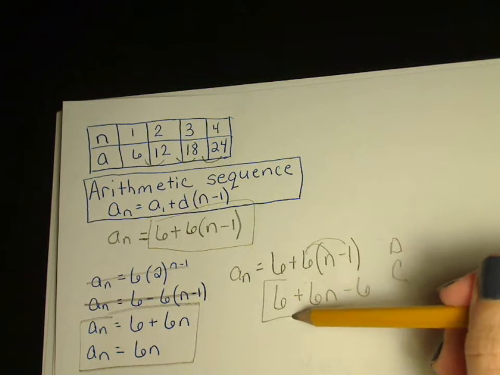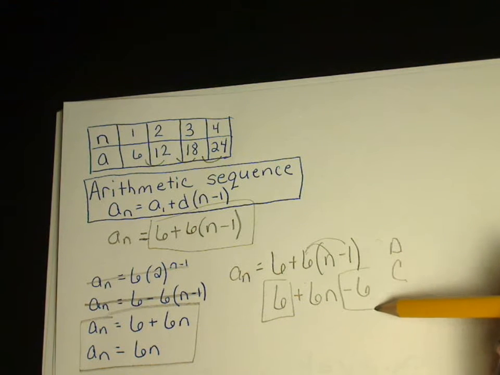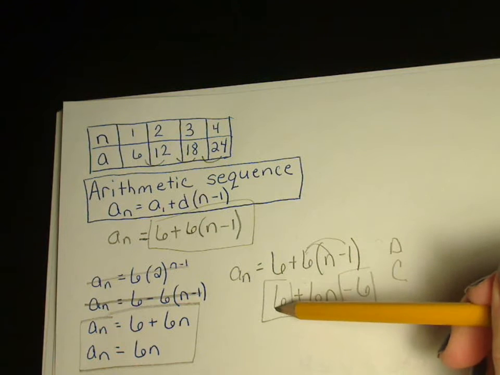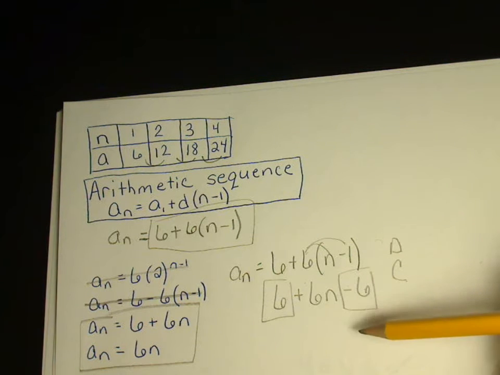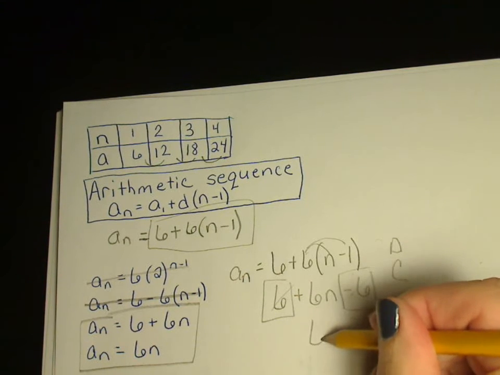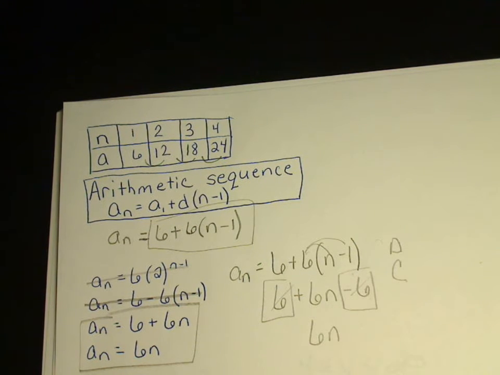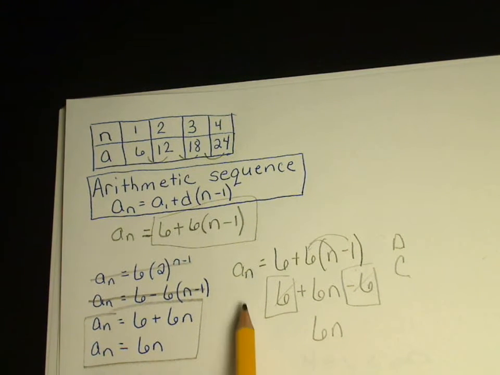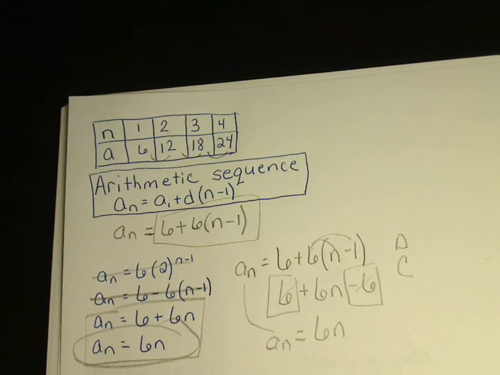So I can combine these two because they are like terms, because they don't have any variables with them. 6 minus 6 is 0. They cancel out. So you're left with 6n. So it would be a sub n equals 6n, which is the same thing as that one.